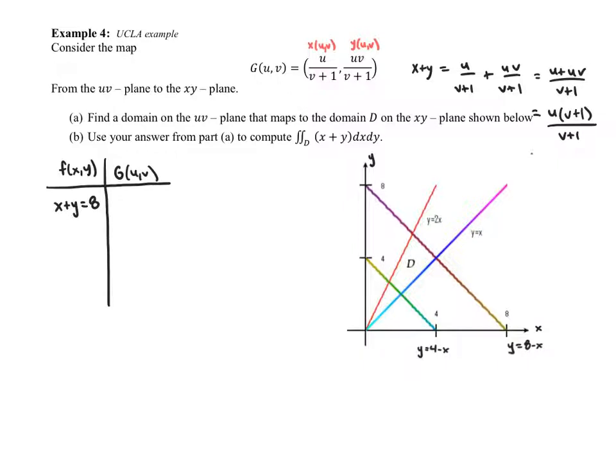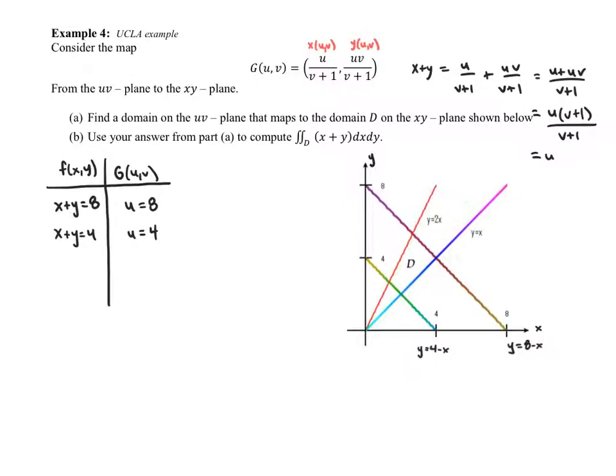So in other words, x plus y is equal to u. That makes this really easy because now this is just u equal to 8. We actually could take the other equation as well, x plus y equal to 4, and that one's just u equals 4. So those two are done.